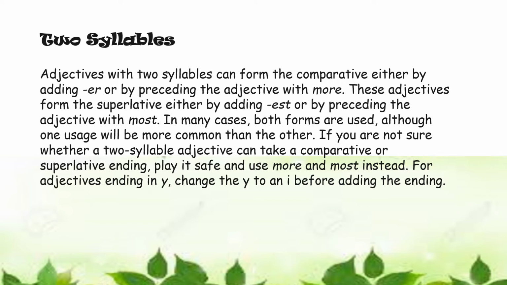If you are not sure whether a 2-syllable adjective can take a comparative or superlative ending, play it safe and use more and most instead. For adjectives ending in y, change the y to an i before adding the ending.